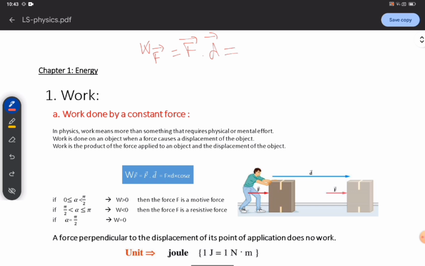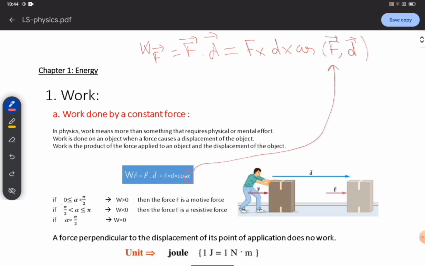So F scalar D equals F times D times cosine of the angle between F and the displacement D. So alpha is the angle between F and D.